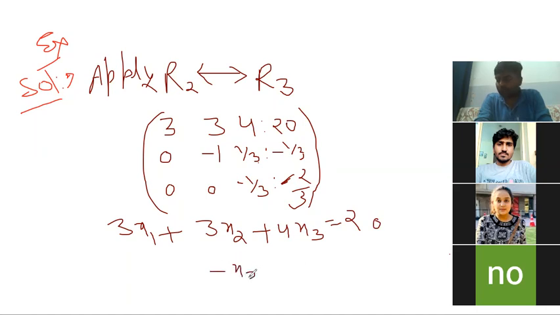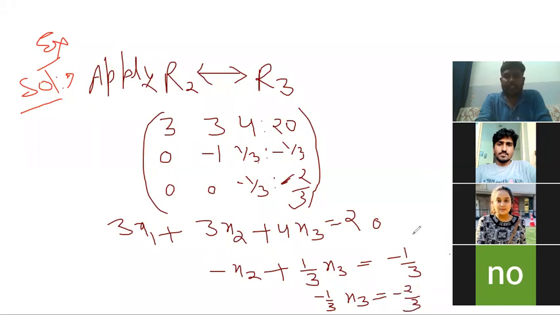Minus x2 plus 1 by 3 x3, x1 is missing here, equal to minus 1 by 3. And it is minus 1 by 3 x3 equal to minus 2 by 3. You see that we got three equations here.